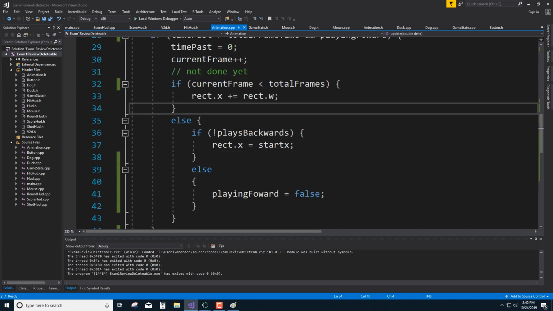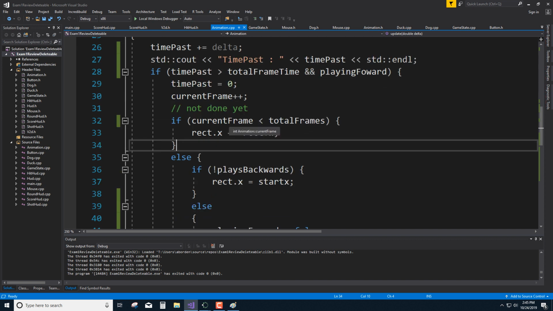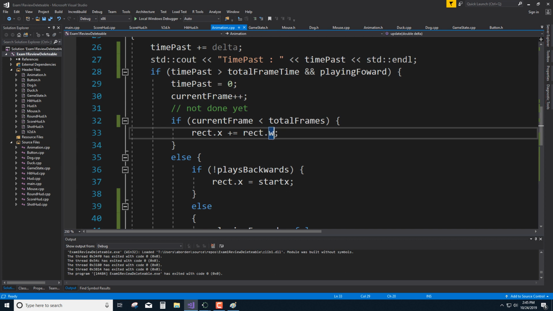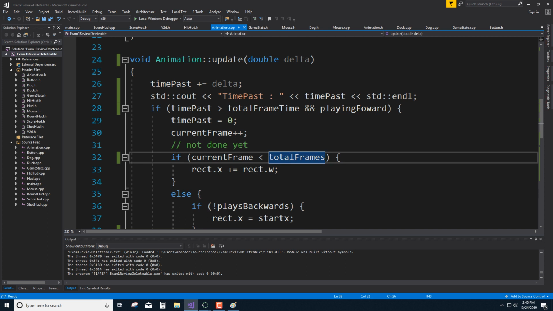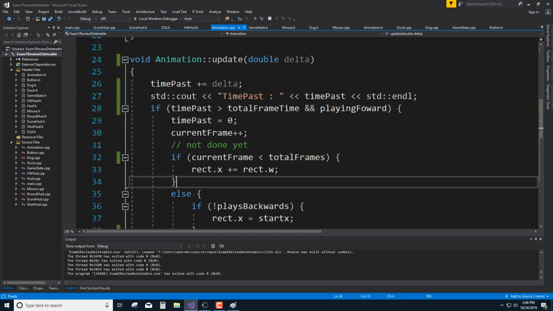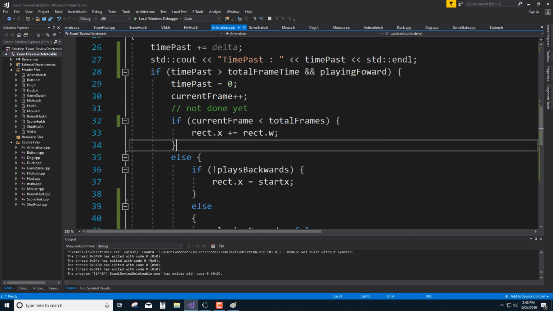So in this else, so if we have reached the total number of frames, or if we haven't, or wait a minute, where are we at? This should not be an else. This just needs to be an if current frame is less than total frames.